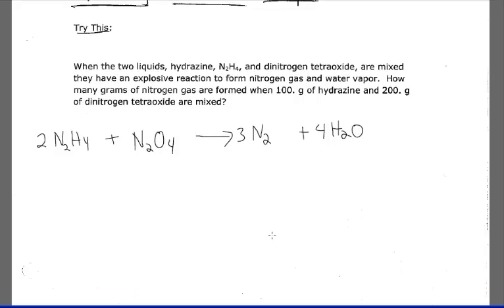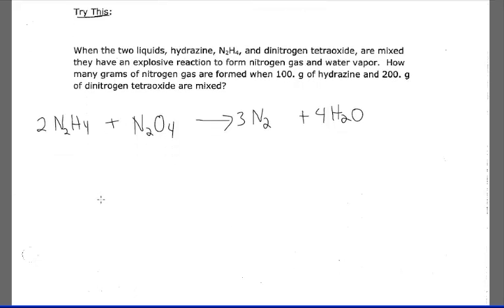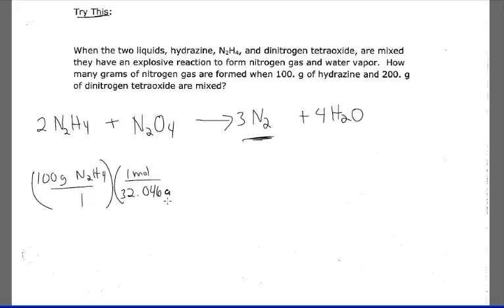Now we're going to do the actual limiting reactant problem. We're going to calculate the amount of nitrogen that would be formed if either of the reactants was the limiting one. So first we're going to look at hydrazine. There's 100 grams of hydrazine. Convert it to moles. Use molar mass, 32.046 grams per mole.